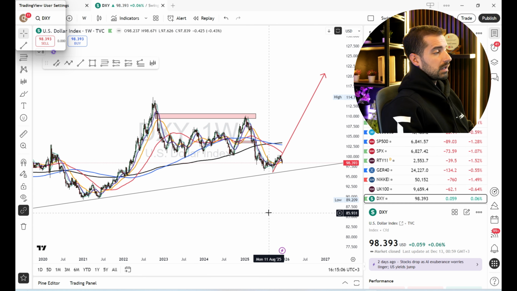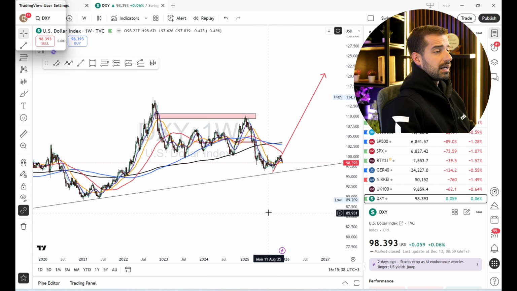But this week we have many data points that are getting released for the month of November, which are very, very important. So we expect high volatility during this week. And of course, not only because there are many data points, it's also because we're approaching the end of the year and liquidity is getting thinner and volatility is getting bigger and bigger.